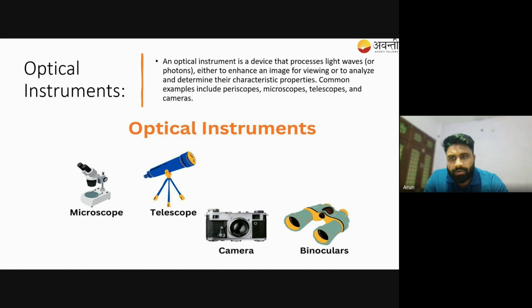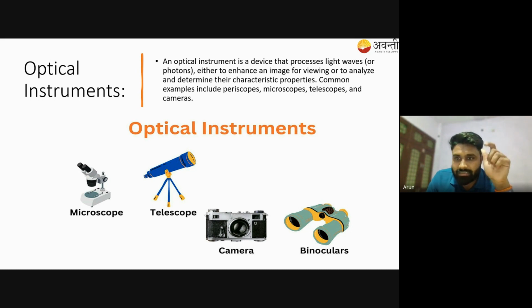There is another property of these optical instruments. They enhance the characteristics of the image. What kind of characteristic? The details. If you take the example of a telescope and you are observing the moon, where is the crater? What type of crater is there?